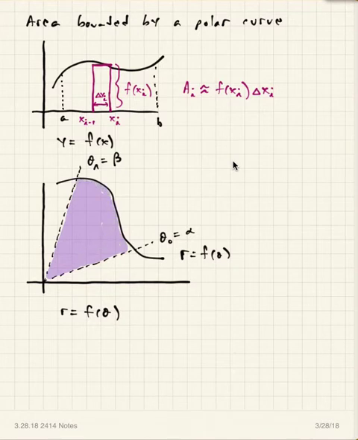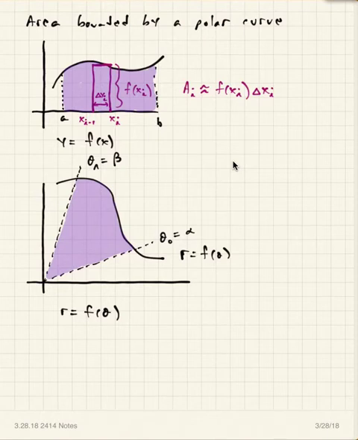What I want you to do is notice that this is really exactly the same thing as you were doing in Cal 1. In Cal 1, you had two domain values, A and B, and you were finding the area bounded by the curve between those two domain values. It's just that the kind of curve we're talking about is different in these two situations, but we're really doing the same thing.